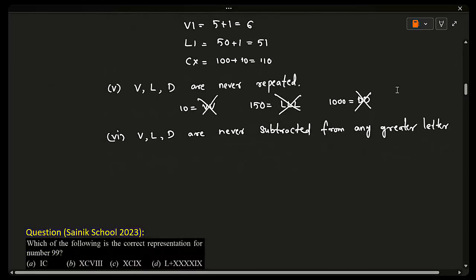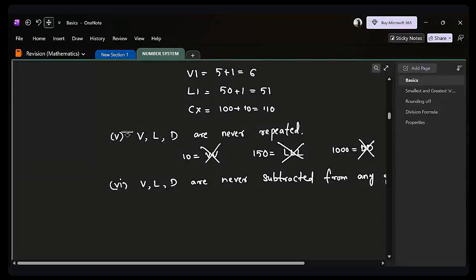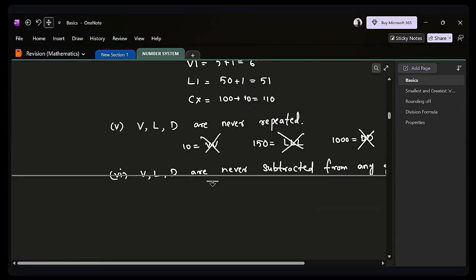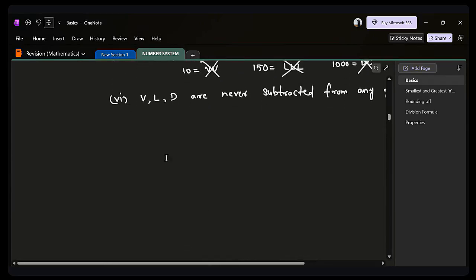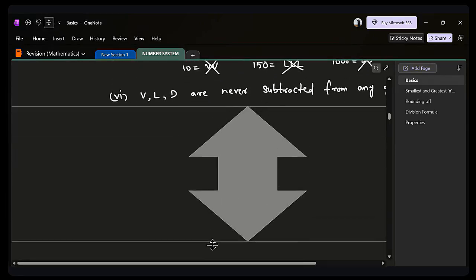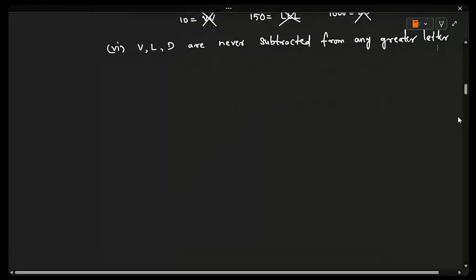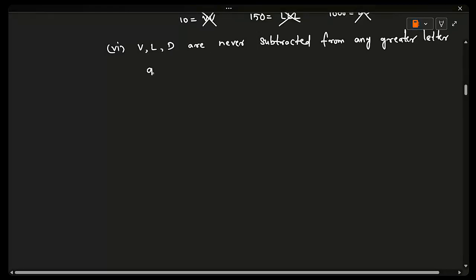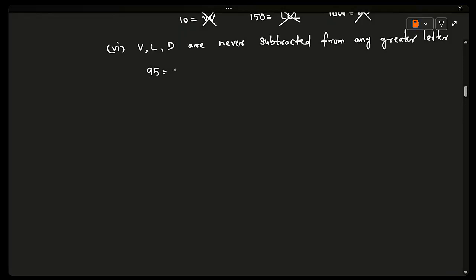For example, I want to write 95. We cannot write VC. Sir, 100 minus 5 is 95, I can write VC? Wrong. Why? Because V you cannot subtract from not only C, from any number you cannot subtract V. That is the rule. That is wrong.